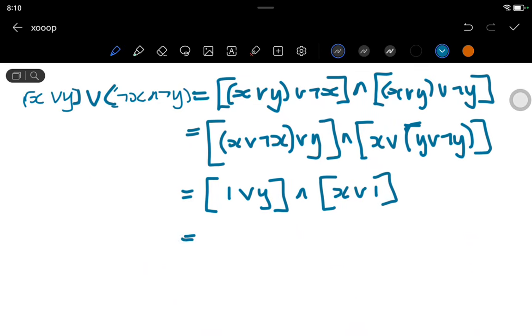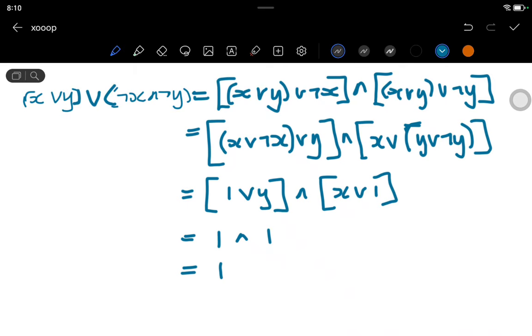Then 1 or anything will always give us 1. That one is domination law. Then X or 1 will always give us 1, still domination law. Then this is idempotent, computing the same element. So we get a 1.